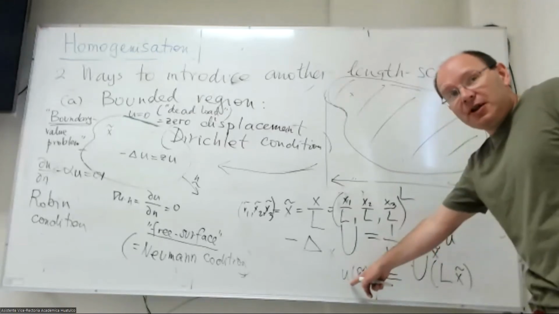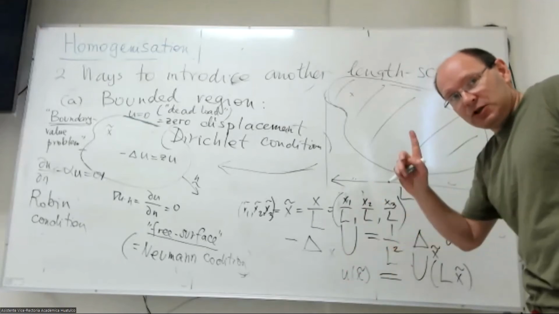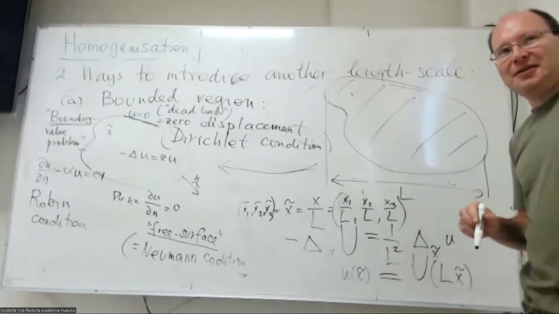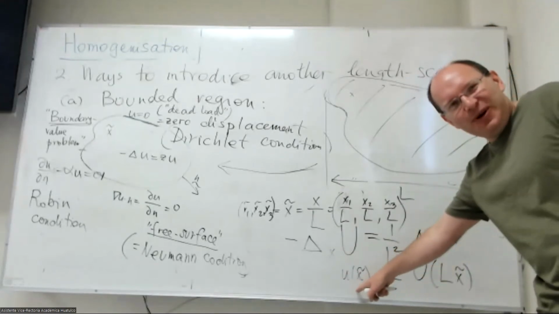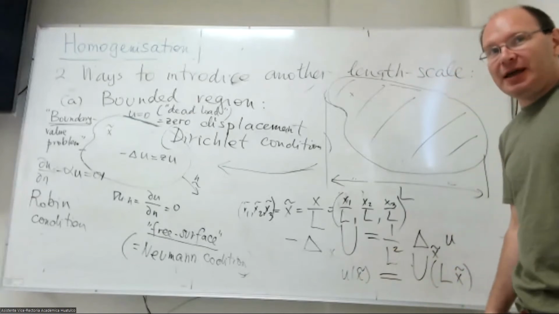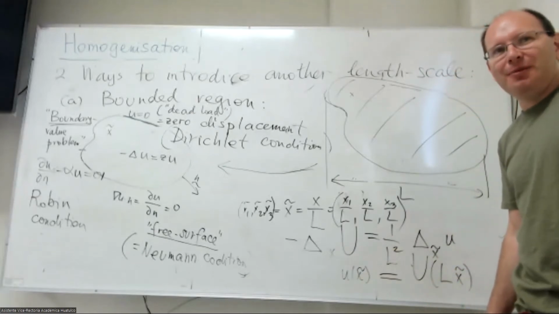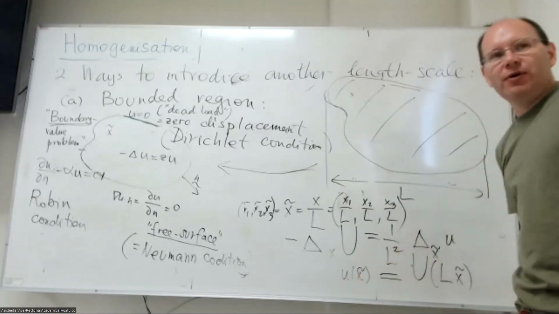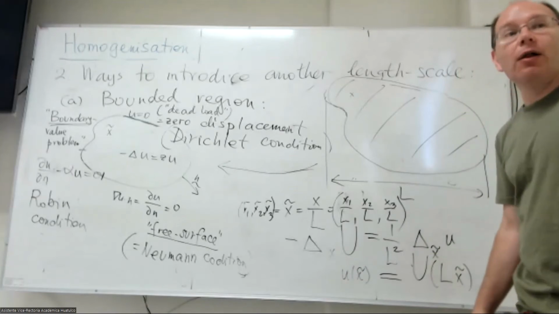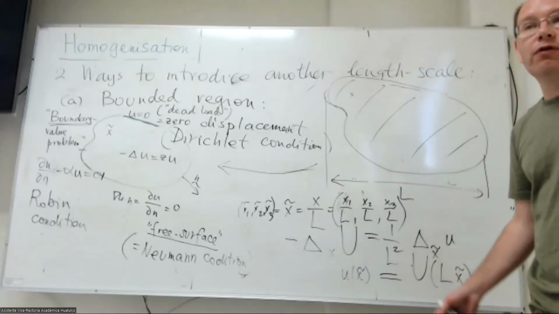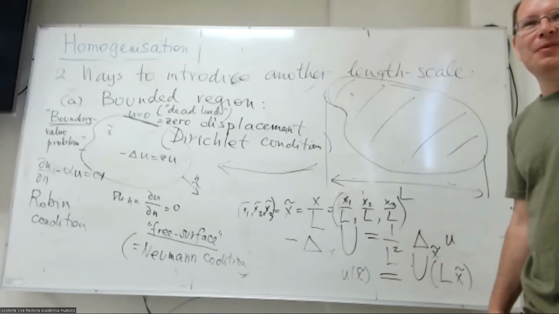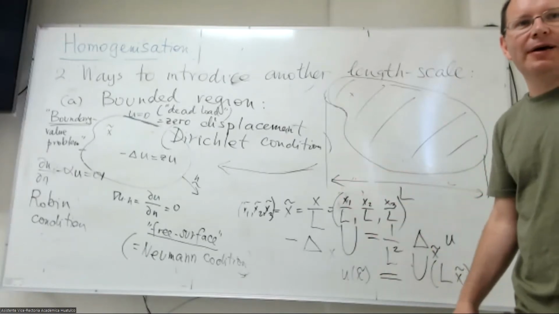I could also non-dimensionalize u at this point. Some attentive listeners will note that I haven't done anything to u. So strictly speaking, yes, to completely non-dimensionalize the problem, I have to do that to lowercase u as well. I have to divide capital U by L as well. But I won't do that right now, because I don't want to make things complicated for you.